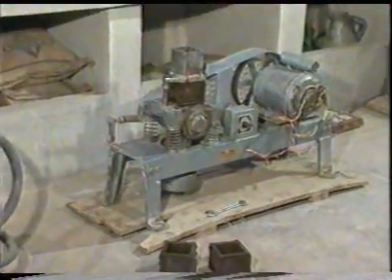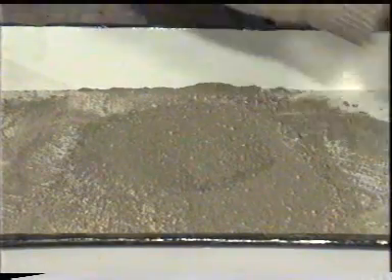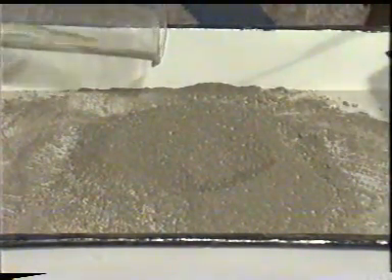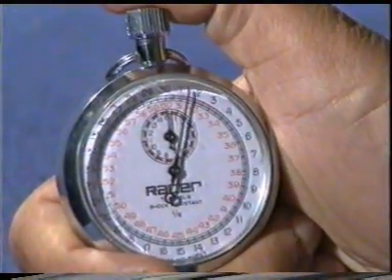Now add the measured quantity of water, that is 76 milliliter, to the dry mix of cement and sand and simultaneously start the stopwatch.